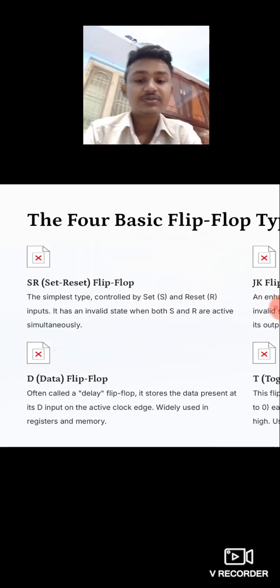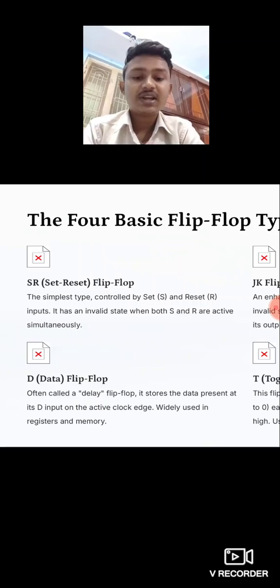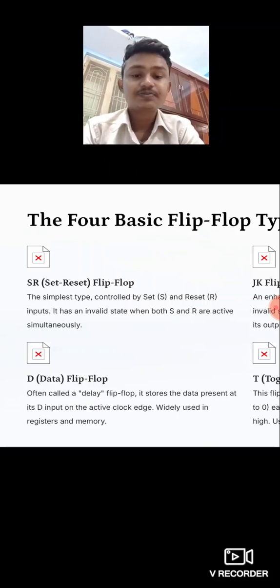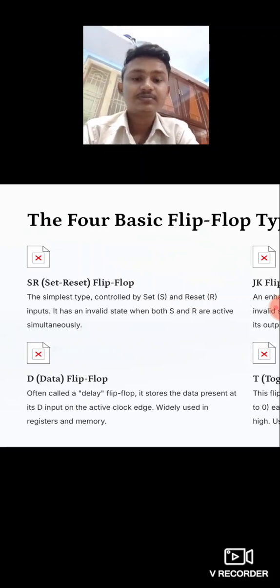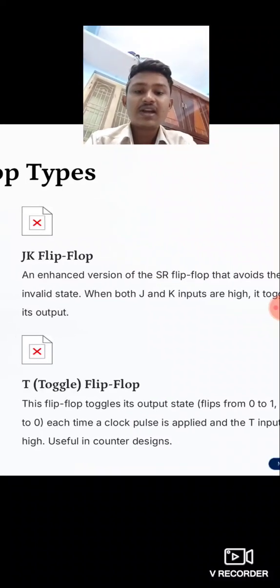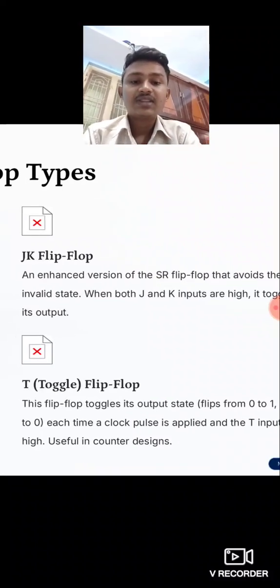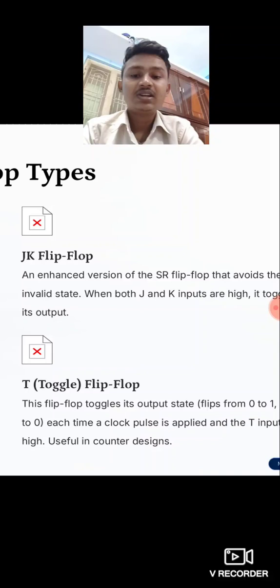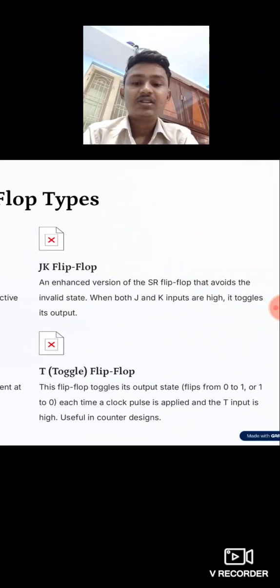Next, the D flip-flop, often called a delay flip-flop. It stores the data present at its D input on the active clock edge. It is widely used in registers and memories. The JK flip-flop is an enhanced version of the SR flip-flop that avoids the invalid state.